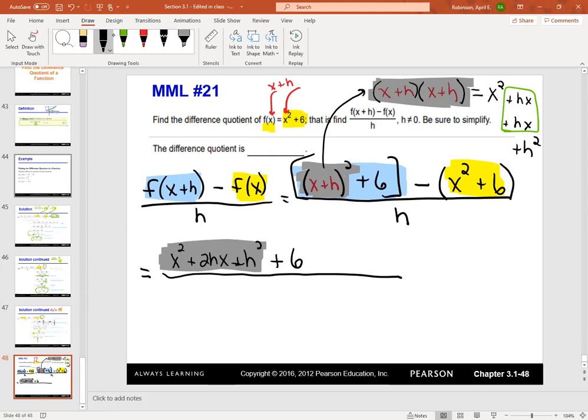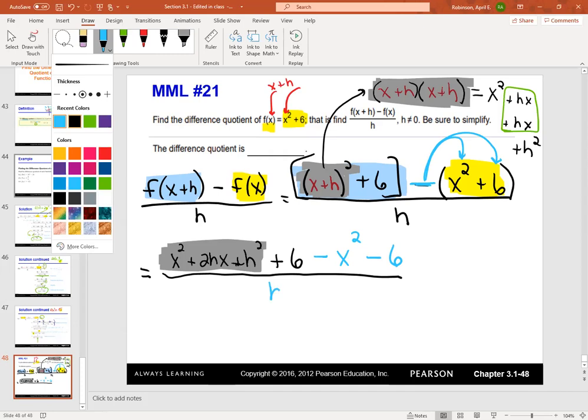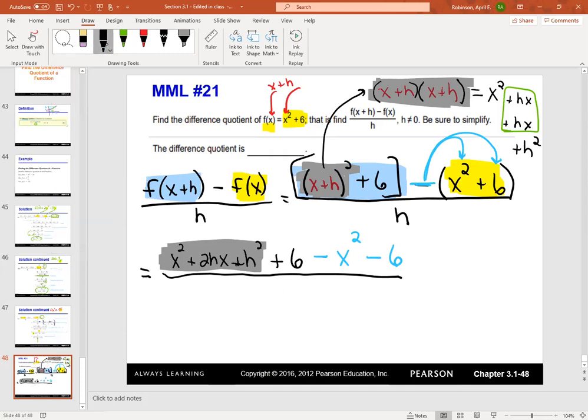And while I'm at it, I am going to distribute this minus sign through the back set of parentheses. That's going to be a minus x squared and a minus 6. But keep in mind that this is still all over h. And now I'm going to simplify my numerator, still all over h.